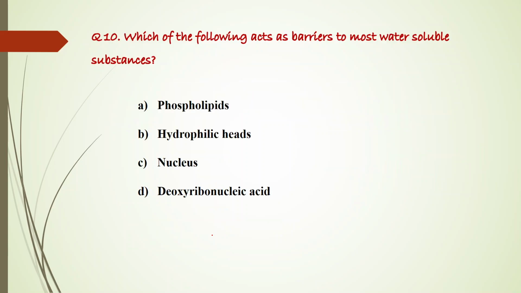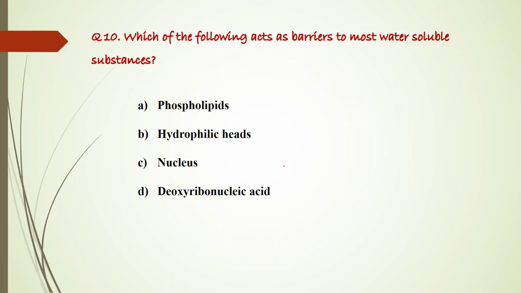Which of the following acts as a barrier to most water soluble substances? First option is phospholipids, second option is hydrophilic heads, third is nucleus, and D is deoxyribonucleic acid. This particular question is very easy.